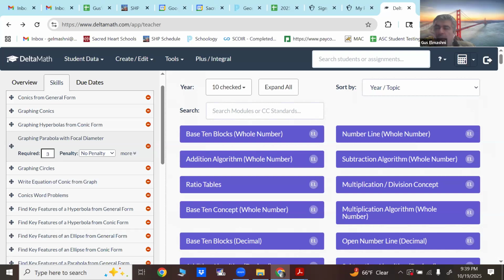I did draw a line in the sand and said no scientific because I want you guys to be somewhat proficient with mental math, but four-function's fine. So I'll have four-function calculators, I'll allow that.